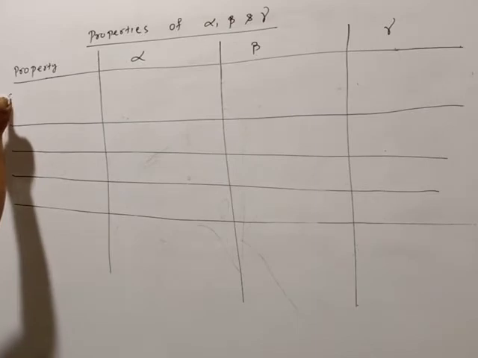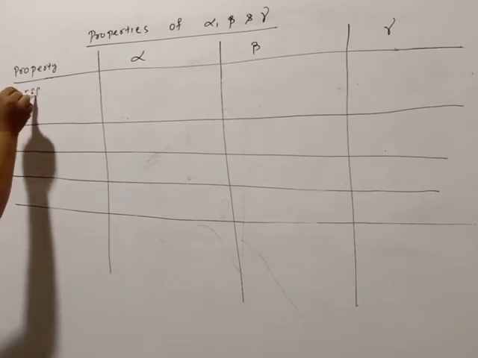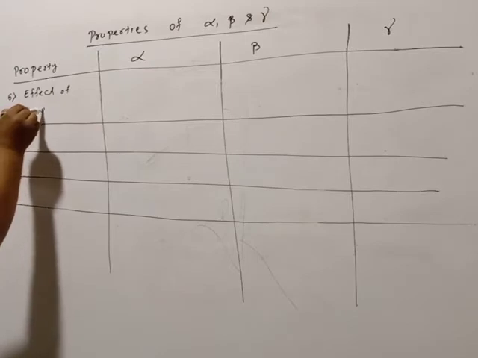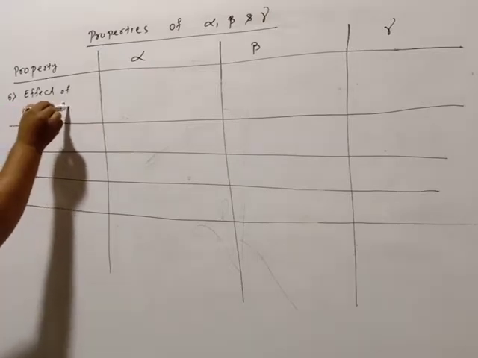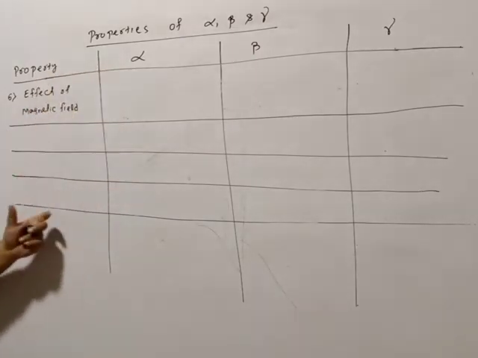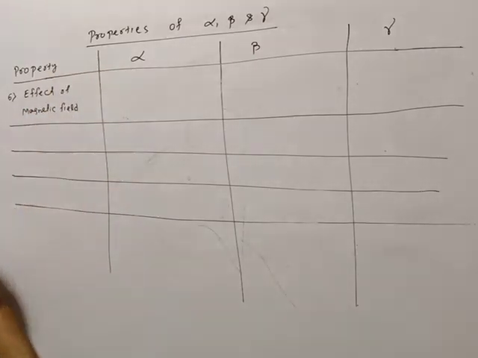Next, effect of magnetic field. So, if we apply a magnetic field to a charged particle, it is deflected from its path or deviates from its path.